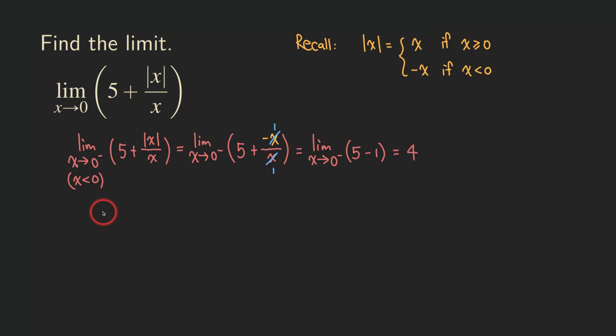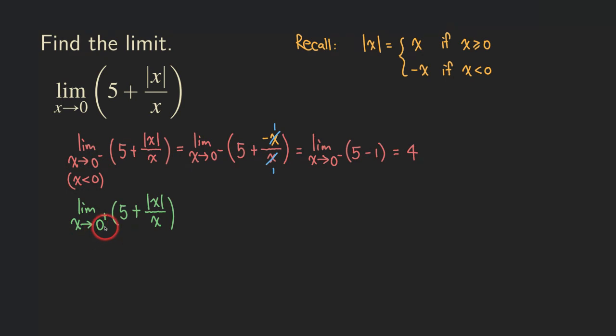Now we need to consider the other one-sided limit when x is approaching 0 from the right. So let's look at that. So we are going to look at this one here. And the function stays the same. And so as you can see here, when x is approaching 0 from the left side, x is negative.